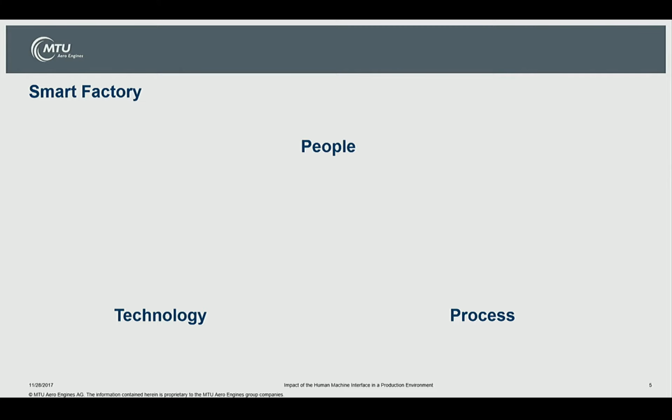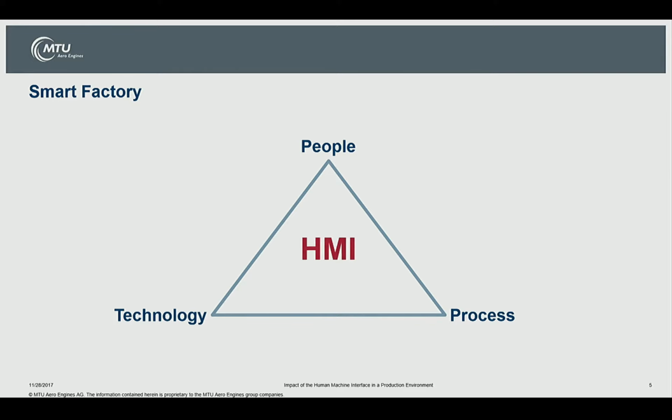And the third one is people and the workforce. People or workforce have to interact via processes with technology, and you need an interface to do it. And that interface is the human-machine interface.